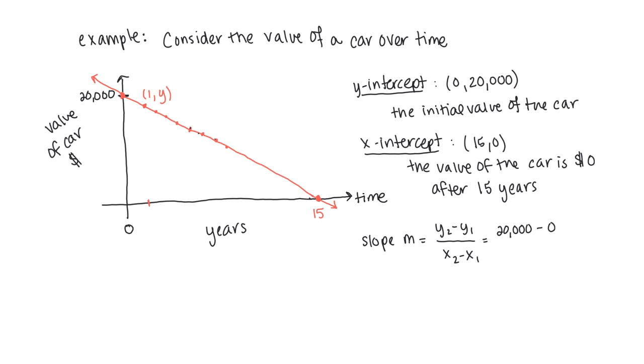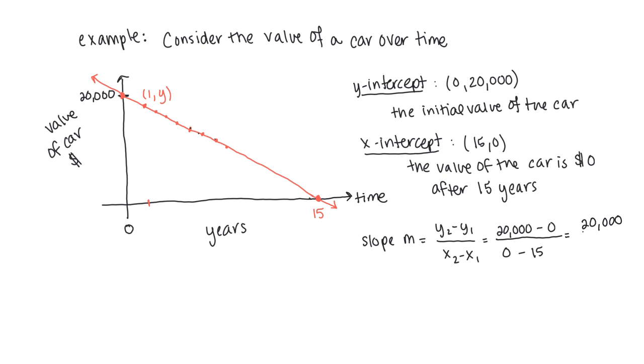So 20,000 minus 0, the difference in the y's, divided by the difference in the x's. So the x value that goes with 20,000 is 0, and the x value that goes with the 0 y value is 15. So again, that's this 0 minus this 15. And so what we see is that the slope here is 20,000 divided by negative 15.